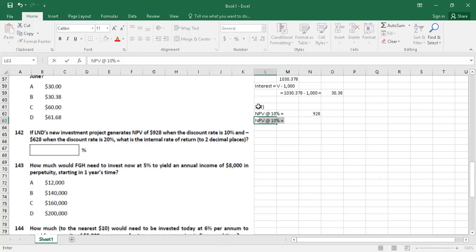Then NPV at another percentage, 20%, the higher percentage, is equal to minus 628. Obviously, from this we can understand that R1 is 10%.